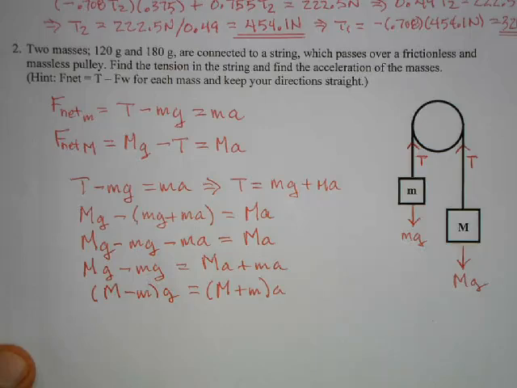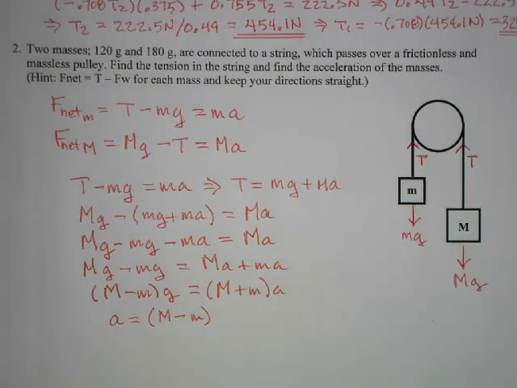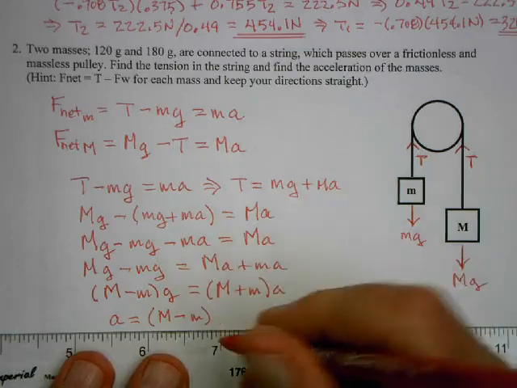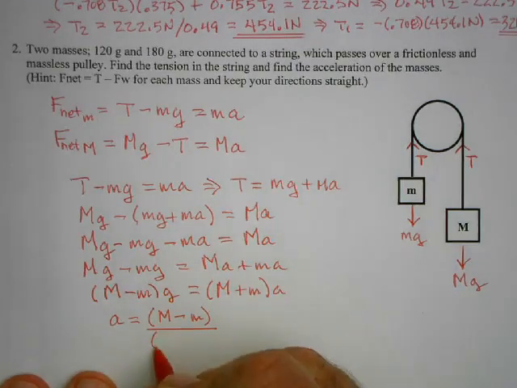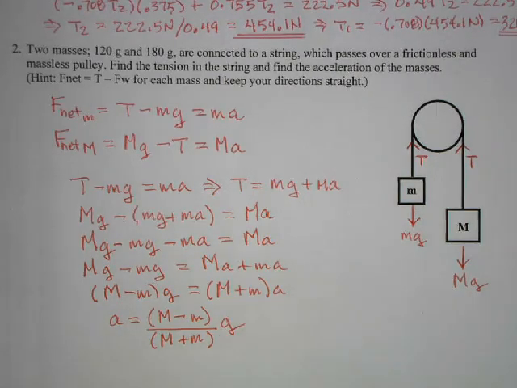And basically, the acceleration is going to equal that, in which this ratio, which is divided by the sum of the masses and then times gravity, this ratio will be true all the time for this problem, no matter what the masses of little m and big M are.